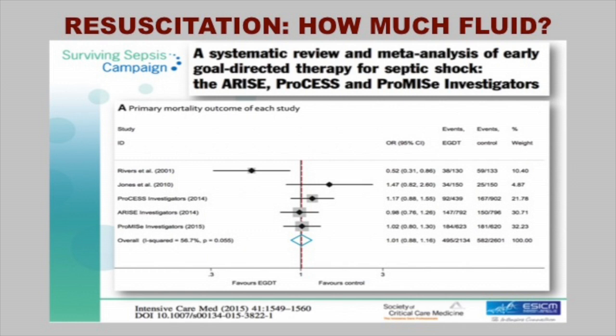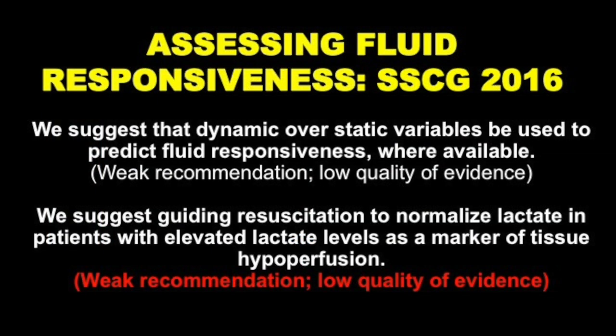Fluid responsiveness now, according to the guidelines, again, and we're going to get to the other documents shortly, the suggestion, not a strong recommendation, is that dynamic, more than static variables be used to predict fluid responsiveness where available, and we'll get to what those mean shortly. They also suggest guiding resuscitation with lactate.